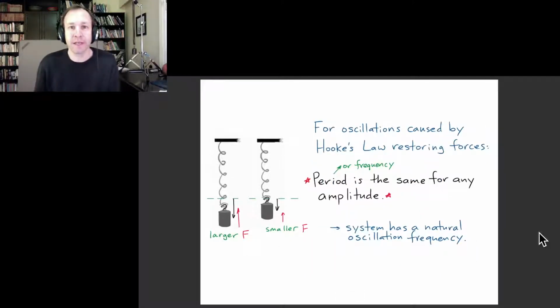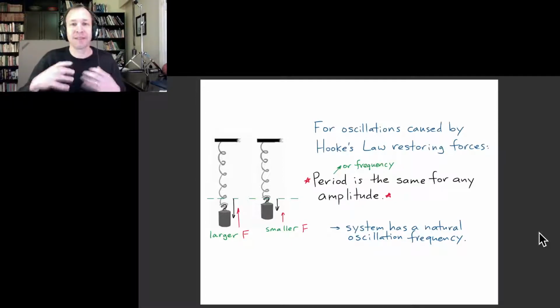What about period? So one thing we demonstrated last time was that the period of an oscillator doesn't depend on how much you displace it originally or how much initial velocity you give it. For all sorts of different amplitudes, you get the same period, as long as we're talking about an oscillator where the restoring force is obeying Hooke's law.